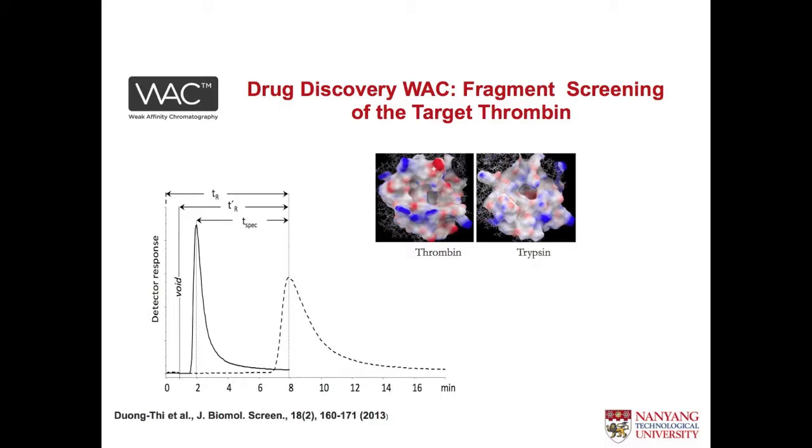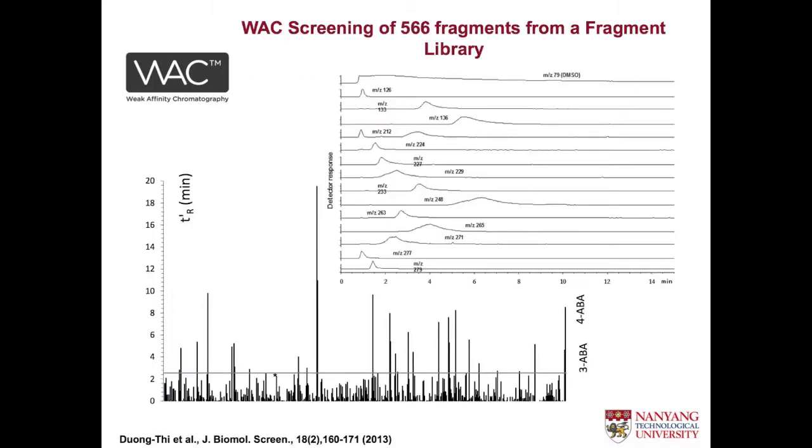We did this together with AstraZeneca more than five years ago in Gothenburg. And here's an example from that paper where we were able to screen 566 fragments in different mixtures, up to 66 fragments in one mixture. Here you can see the profile of a number of these fragments.